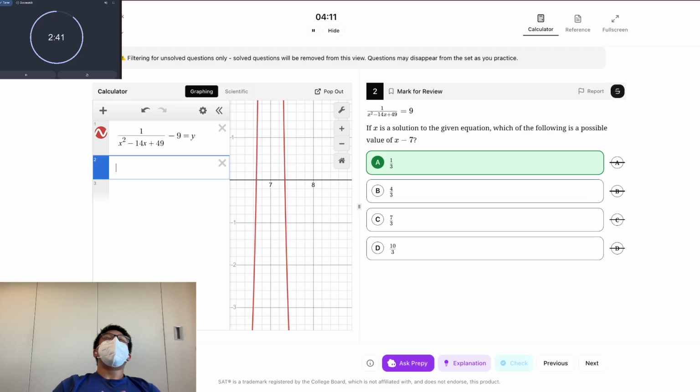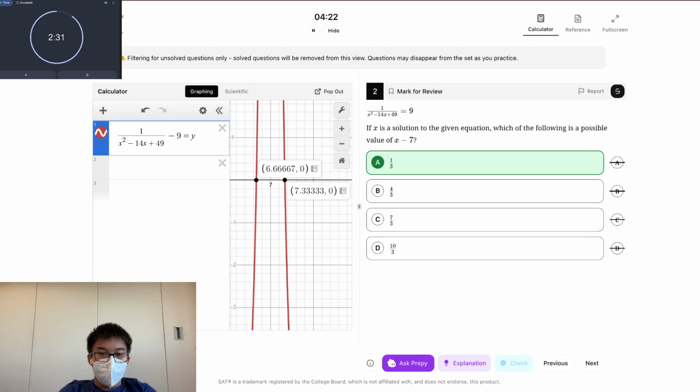Okay, I just learned something new, and I probably messed this up in the Desmos question too. Apparently you need y in order to graph the point for you. See what happened when I didn't do it? It gave me something like this, right?